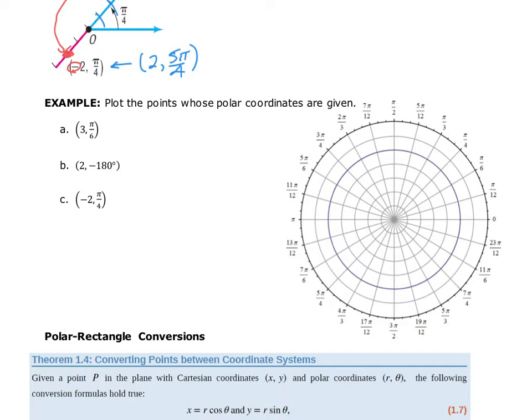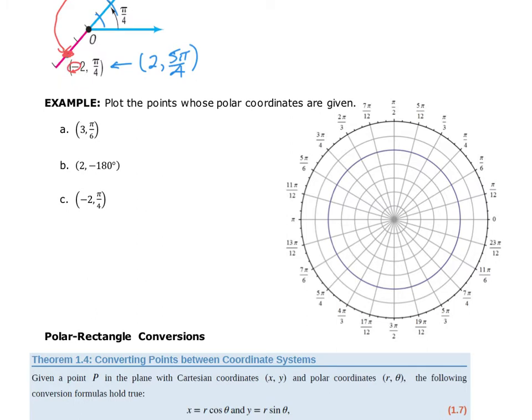So when you're thinking about these polar points, we can get there in more than one way. Any coterminal angle to this with a radius of 2 will also get me to this point, and any coterminal angle to the original with a radius of -2 will also get me to this point.